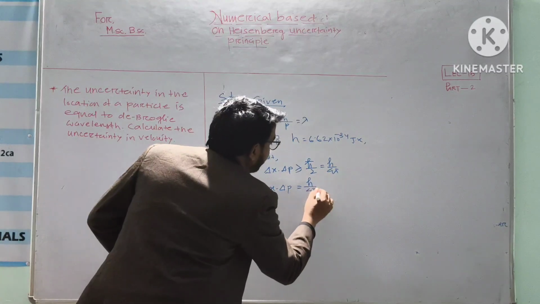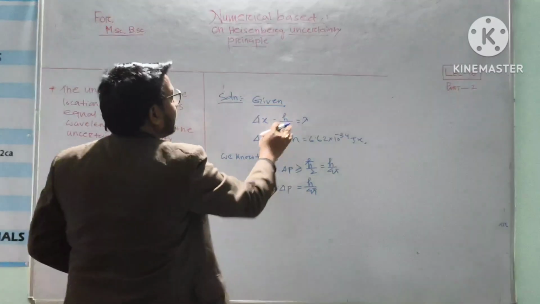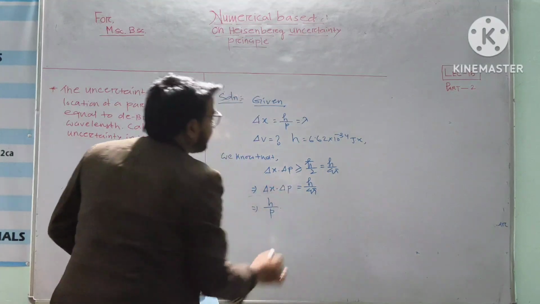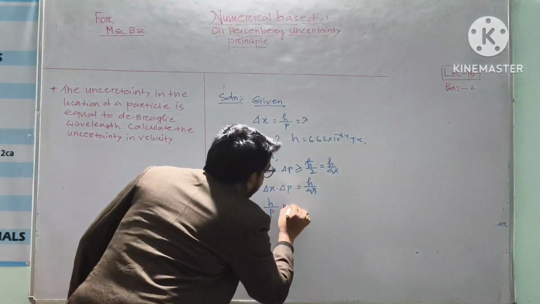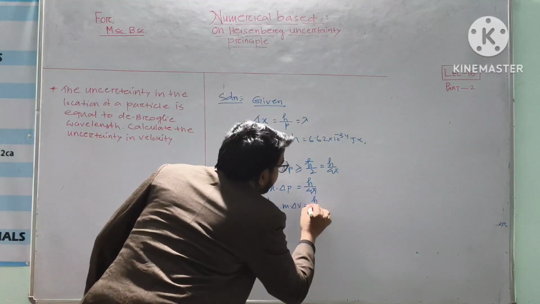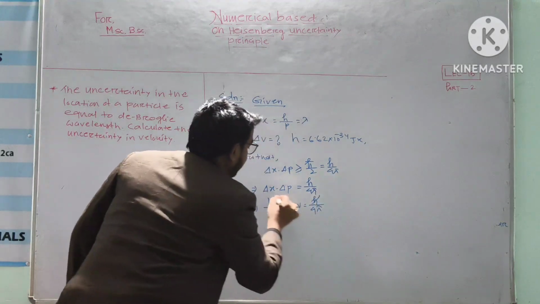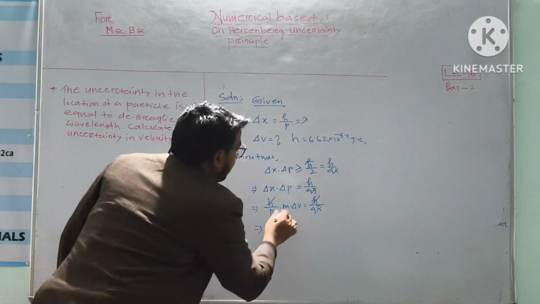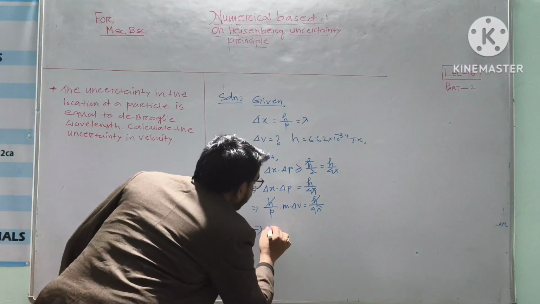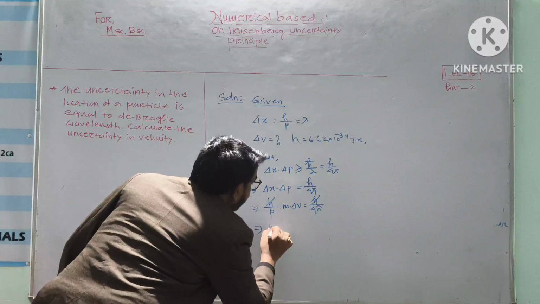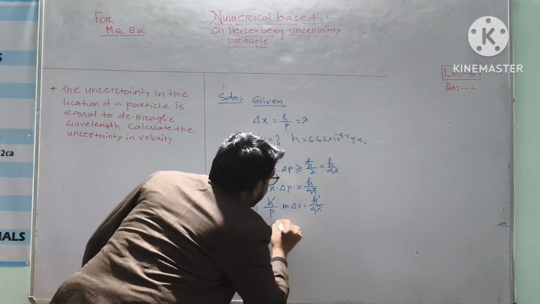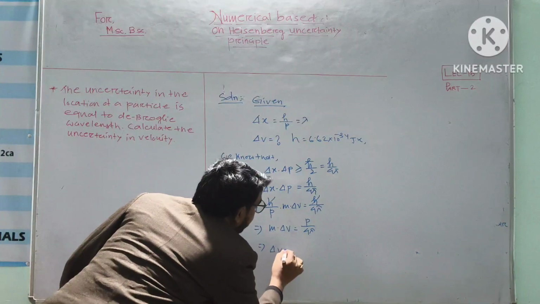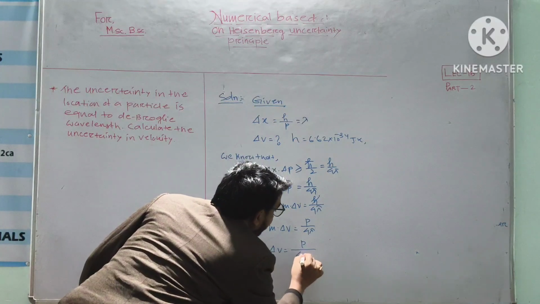Delta x is equal to h by p, so we can write h by p, and delta p we can write in terms of m into delta v. So m into delta v is equal to h by 4 pi. h and h cancel each other. After cross multiplication, we can write m into delta v equal to p divided by 4 pi, and delta v equal to p divided by 4 pi m.